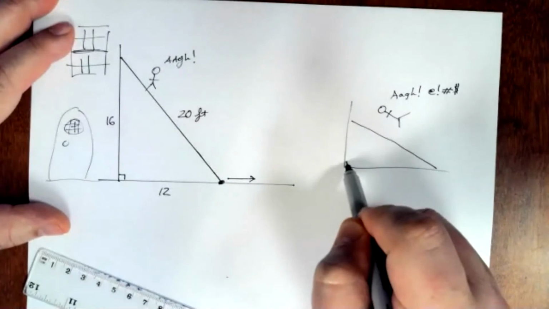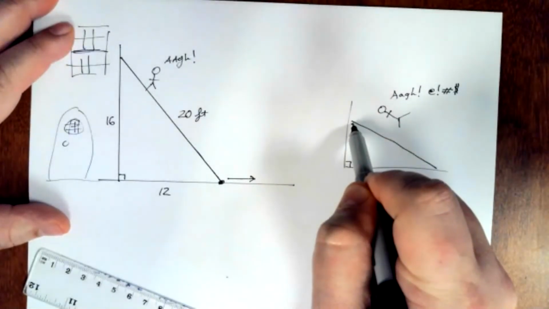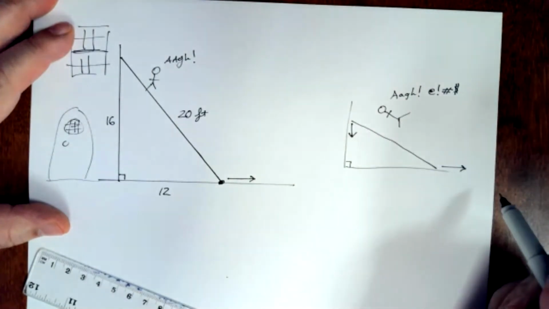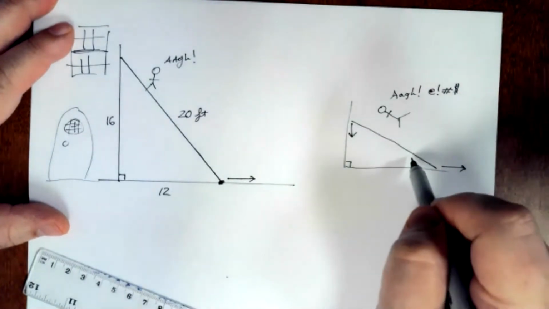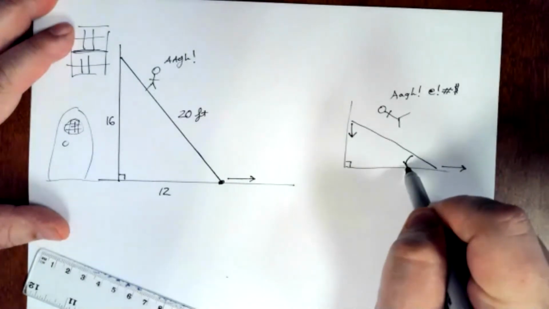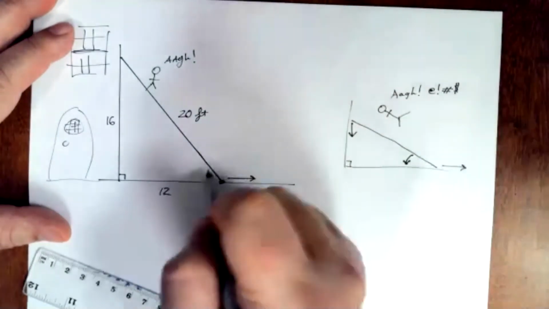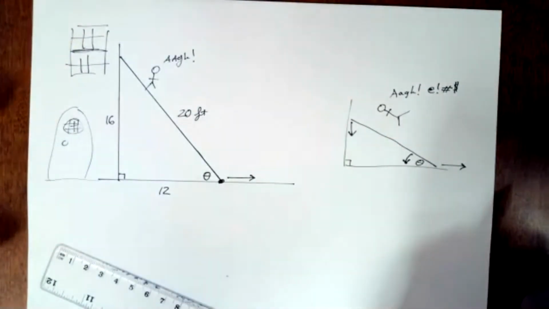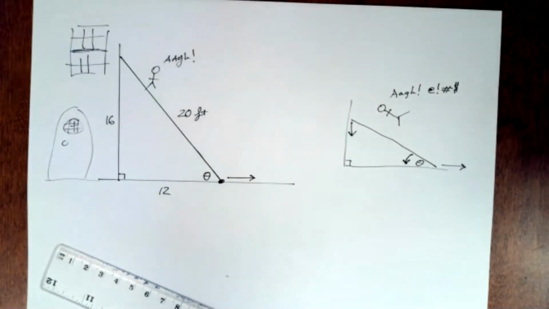We can all imagine what he's saying. So this is falling. This is sliding. And this angle theta is changing. All of those things are happening at the same time. Does that make sense? Visually, do you see what we're doing here? Thumbs? Okay.